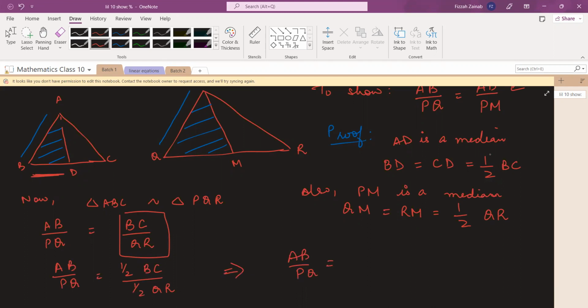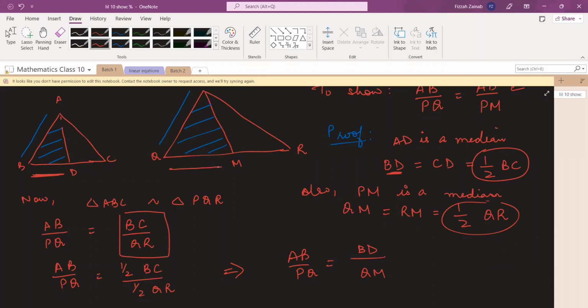Now half of BC, as you can see here, is equal to BD, and in place of half of QR, I can write QM. So at least in this blue triangle, my two sides are already in proportion. Getting it? Yes, ma'am. Now the third side, obviously I cannot show because that I have to prove.